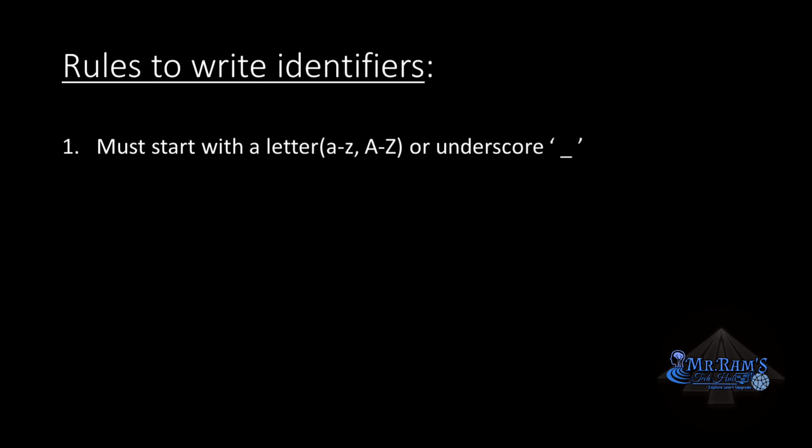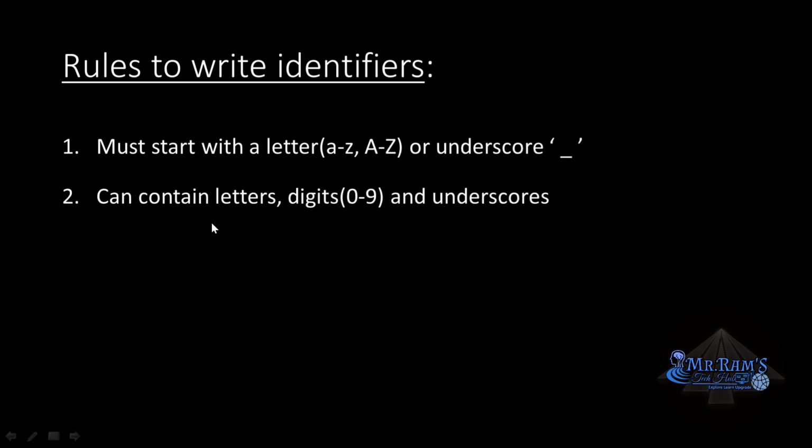You need to use this underscore symbol, right? And it can contain letters, digits from 0 to 9, and underscores as well. It must start with a letter or underscore, and it may contain letters, digits and underscores in the entire identifier name.